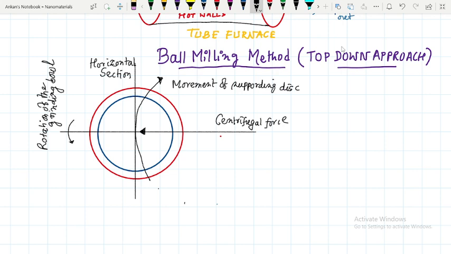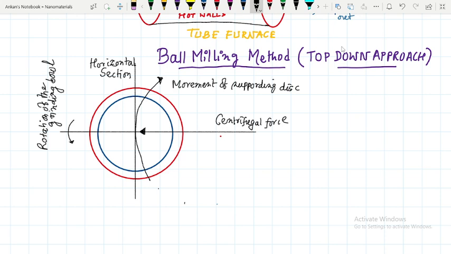Because it is a 2D figure, it is difficult to understand to some extent, but I will try to discuss it as best I can.